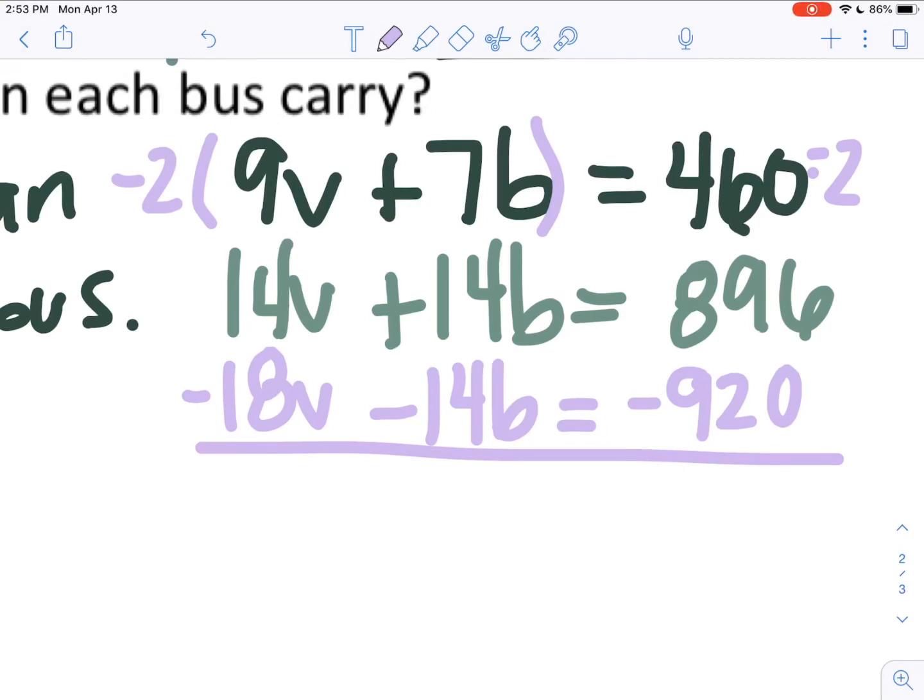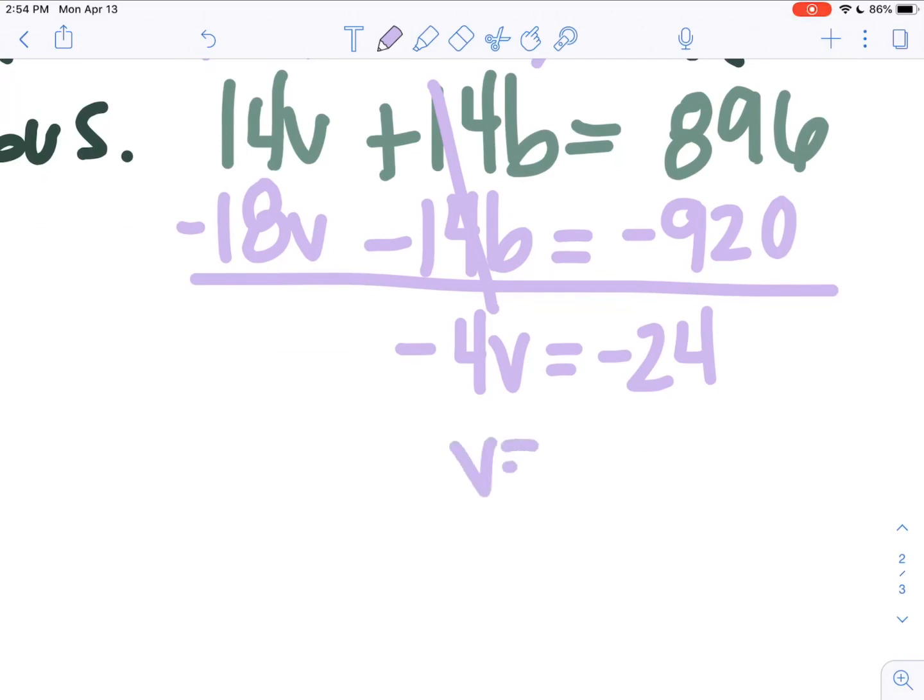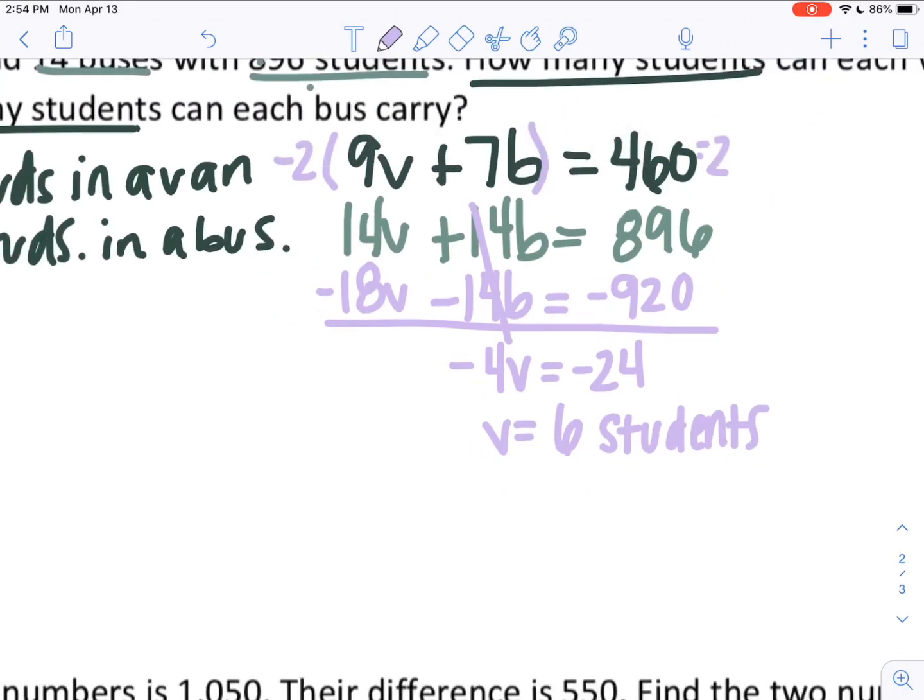Okay, then my b's eliminate. I get -4v equals -24. So v equals 6 students. Now plug this into any equation.